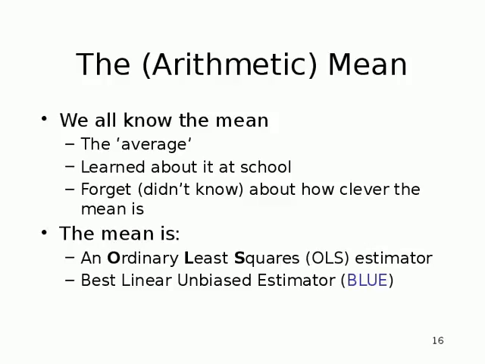And I don't mean blue because it's the color blue. I mean BLUE because it's called the best, B, linear, L, unbiased, U, E, estimator. It's an important concept in regression, the best linear unbiased estimator. And it's related to ordinary least squares.